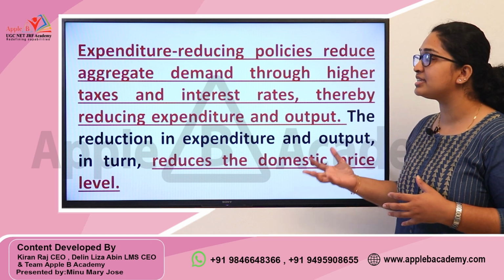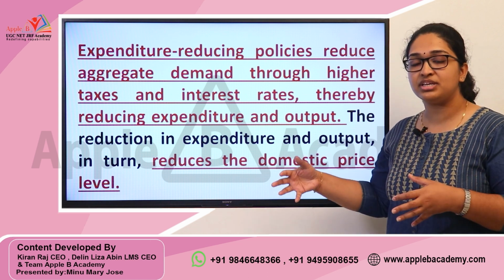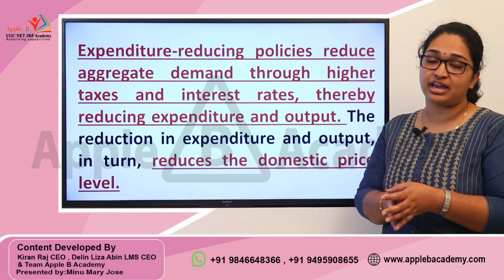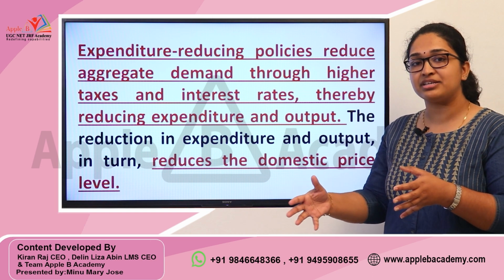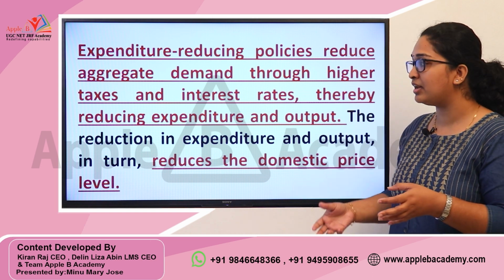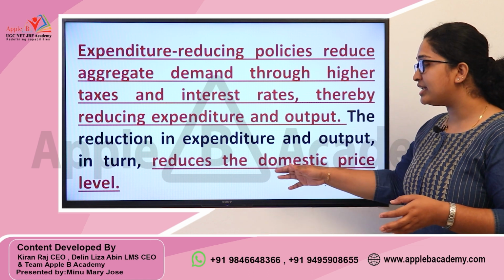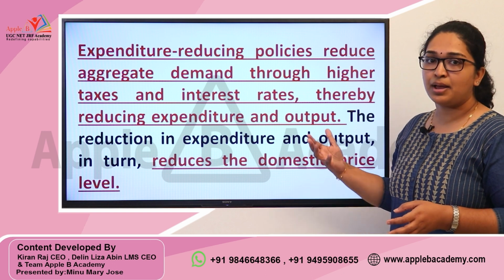In that case, such expenditure reducing policies will affect the BOP through the price level. Expenditure reducing policies will immediately affect the aggregate demand. Aggregate demand fall means it can directly affect the price level by bringing it down, because of which again exports can increase, imports can decrease, thus leading to the adjustment of disequilibrium in the balance of payments.